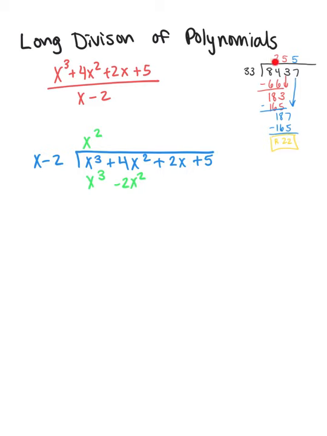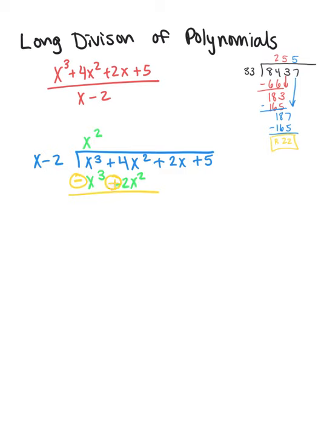What was my next step over here after I multiplied and I got 66? I subtracted, right? But over here, I'm subtracting two things. When I subtract, I change the sign of everything. When I change the signs, I always circle them so I know that I changed them. And then I'm actually going to subtract.